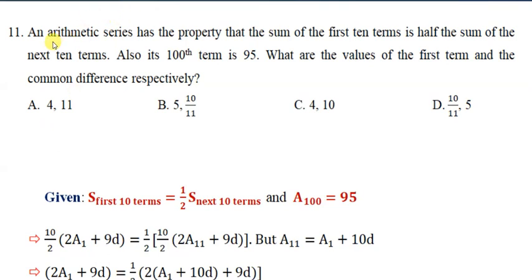Since we have been told it is an arithmetic series, the sum of the first 10 terms means a1 plus a2 plus a3 and so on, up to plus a10, and also the next term here is a11.